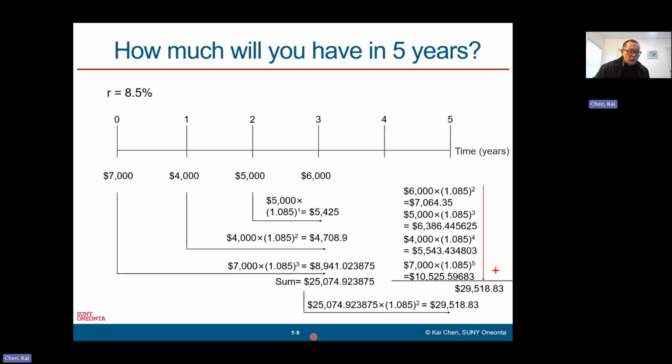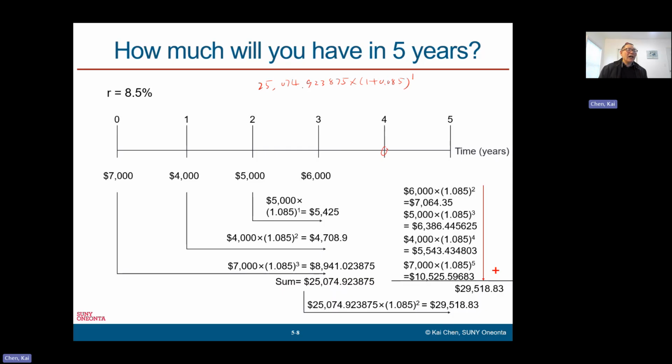If we use this result, then that should be $25,074,923,875 times 1 plus 0.085 raised to the first power, right?